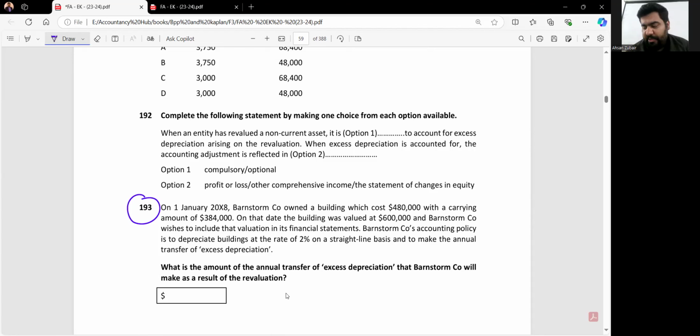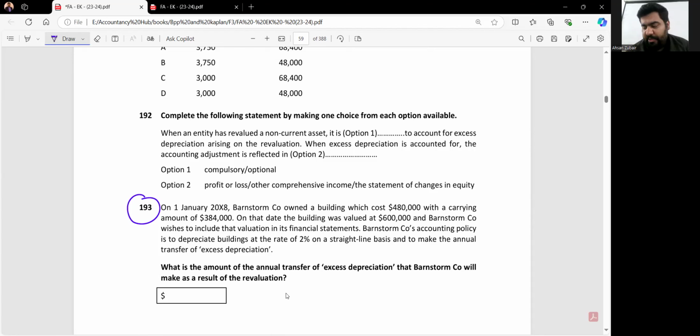We have to know how much life has gone, because after that he's saying that this asset has a new cost of 600,000, and for that 600,000 we have to calculate the life to calculate the new depreciation. First we have to calculate the old depreciation as well.